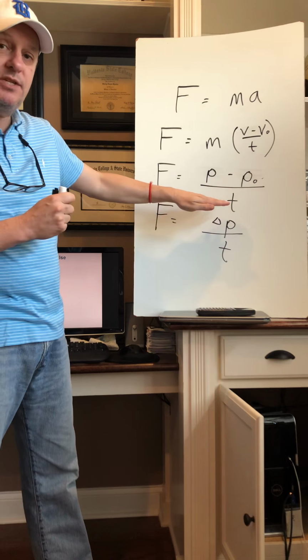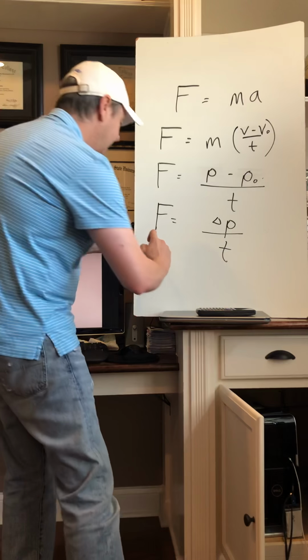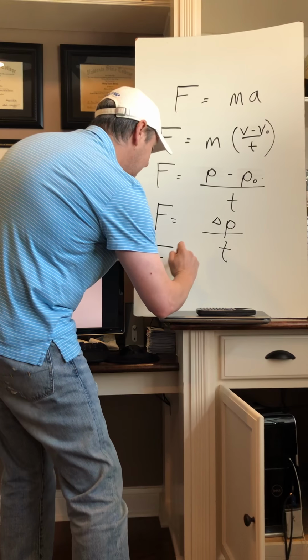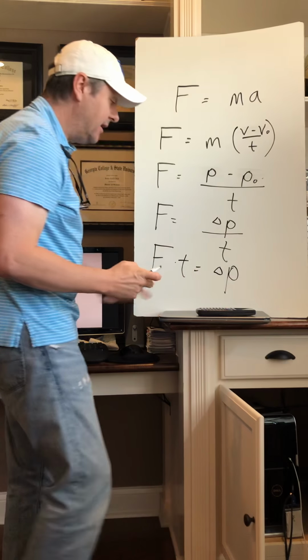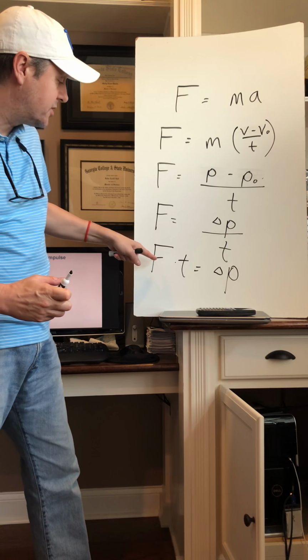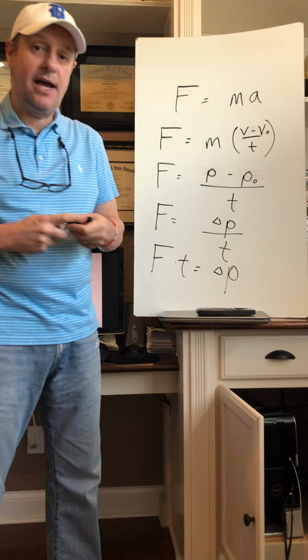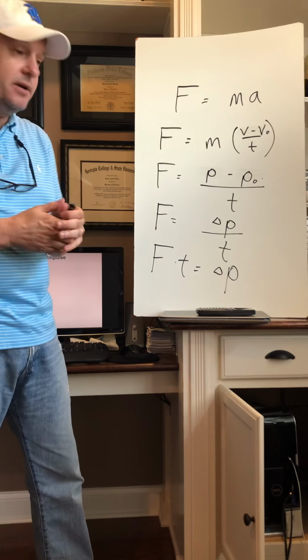If I take that one step further and multiply t to the other side, I have force times time, then I get that change in momentum occurs when a force acts during a period of time. So momentum changes when a force acts during a period of time.